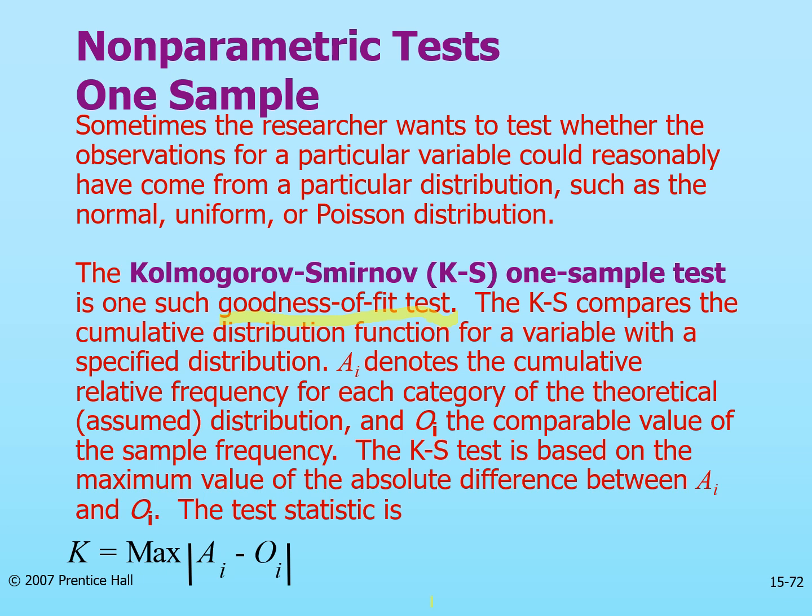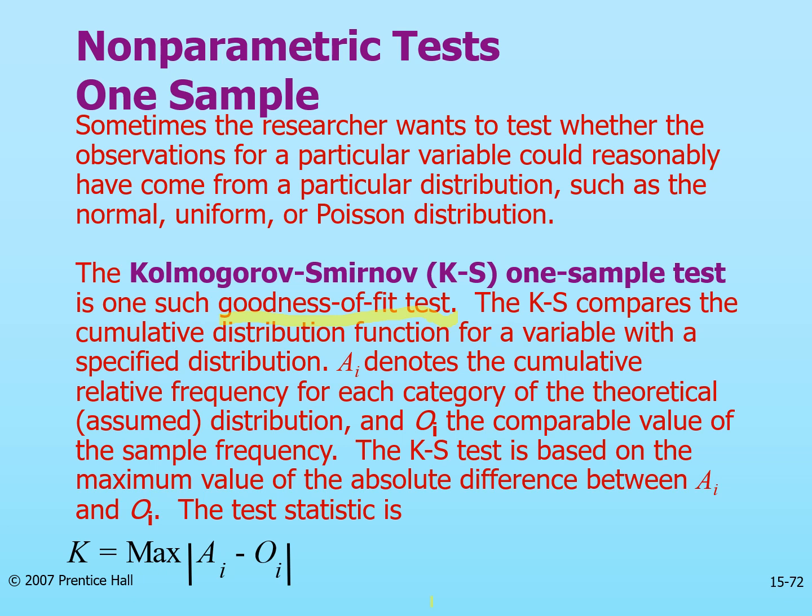The KS compares the cumulative distribution function for a variable with a specified distribution. A1 denotes the cumulative relative frequency for each category of the theoretical distribution. Cumulative relative frequency means that the summation of the frequency is done as we move through each class interval or each group of data.